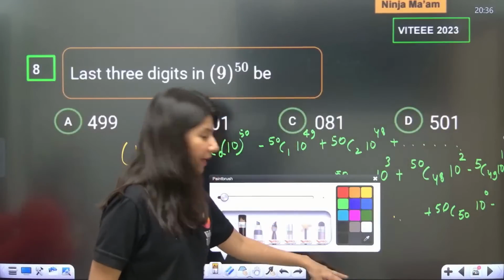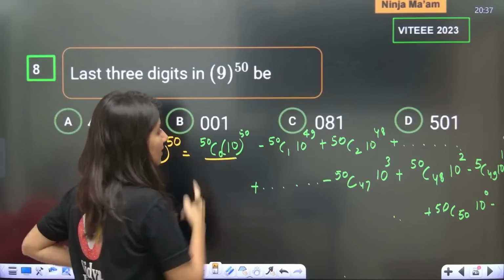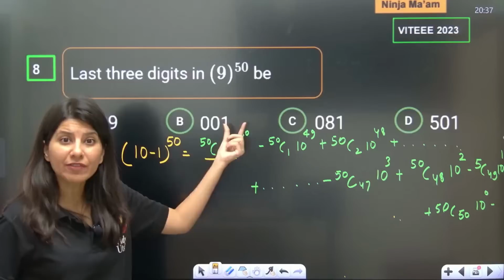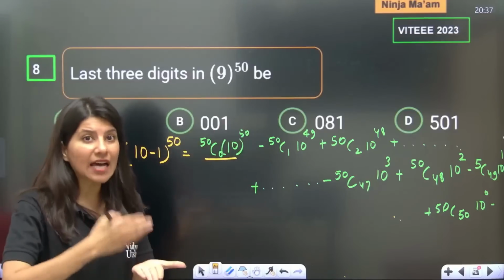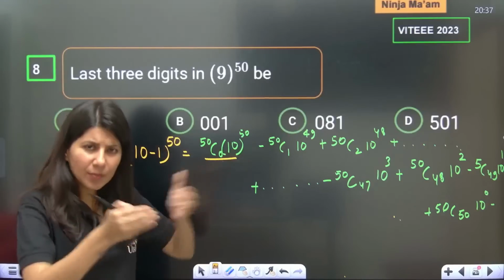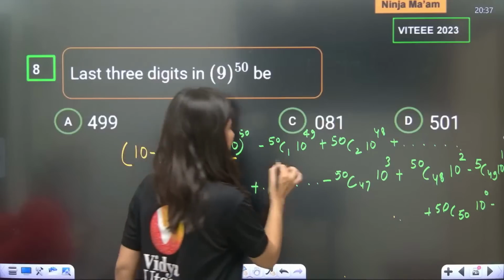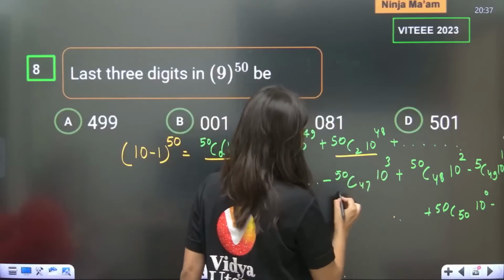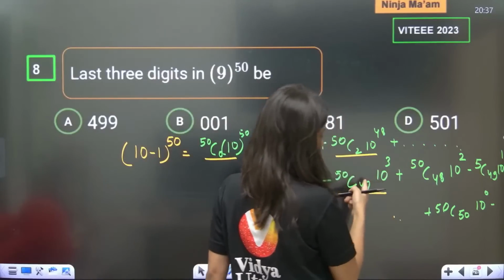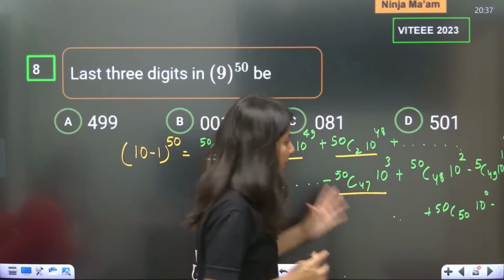Understand, this will have last 3 digits. 10 raised to power 50 will have last 3 digits 0, 0, 0. So this term will not contribute to the last digits. Here also last digits are 000, and till here the last digits will be 000. Anything multiplied with 10 cube, the last 3 digits will be 000, right?